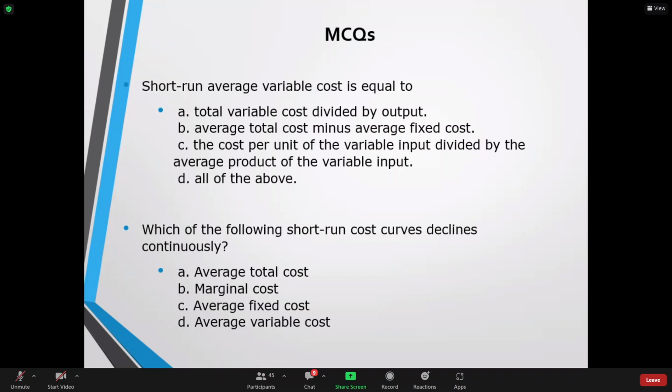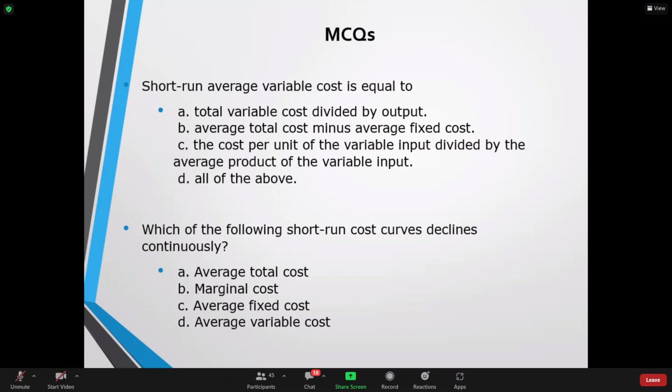Short run average variable cost. Kelum says A. Anyone else? Average variable cost. Total variable cost divided by output. Okay, that is correct. What about the second one? Average total cost minus average fixed cost. That is also average variable cost now, isn't it?